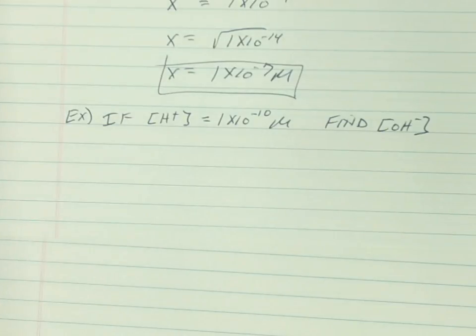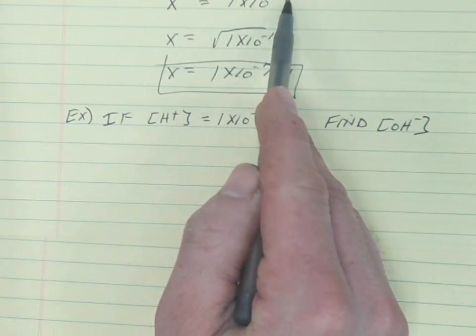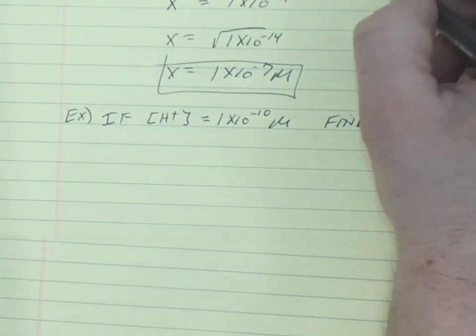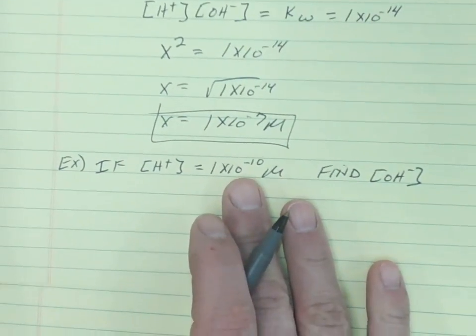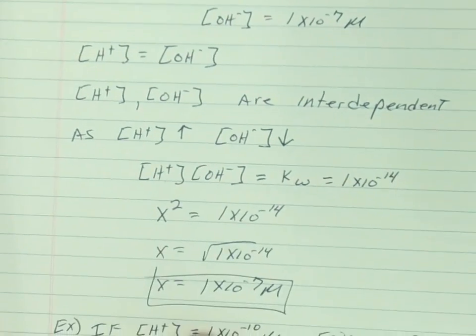Cassie: How does doing the square root of 14 make it 7? Great question. When you have 1 times 10 to the negative 14th, let me go back up here to show you this expression.